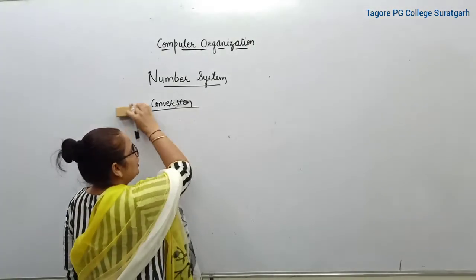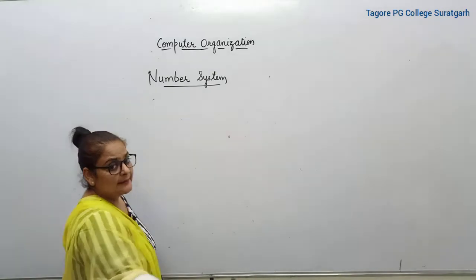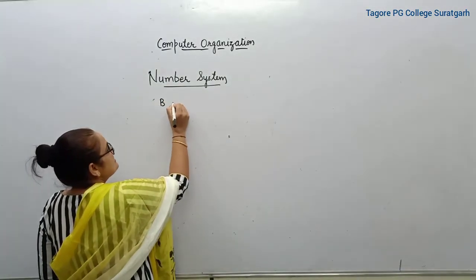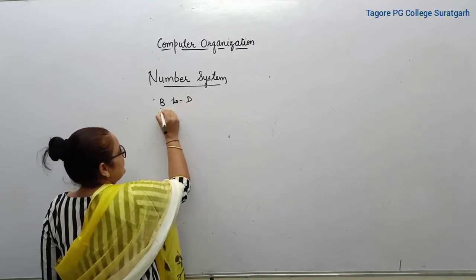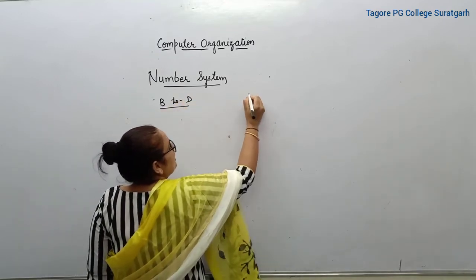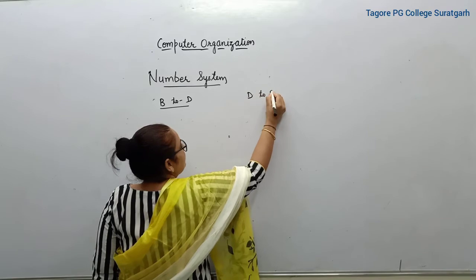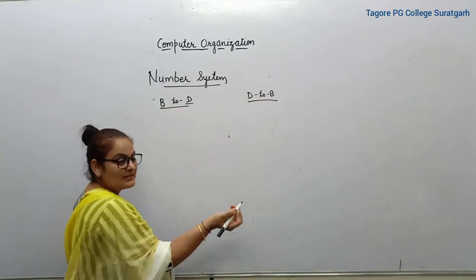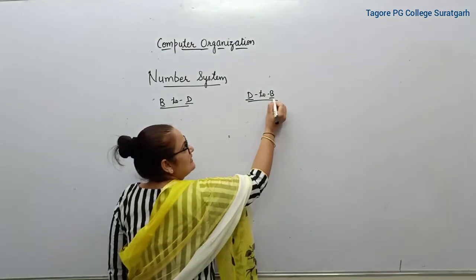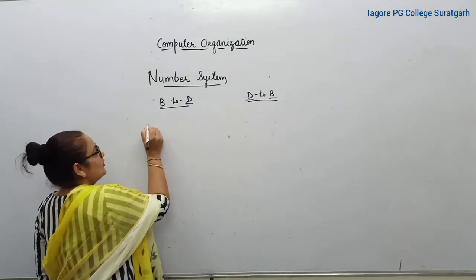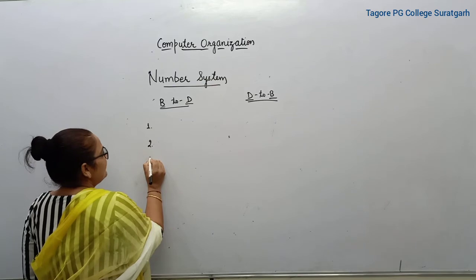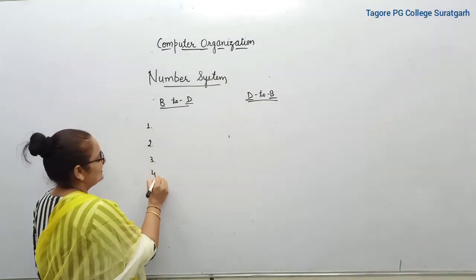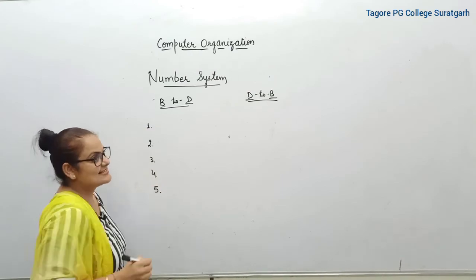First of all, there will be binary to decimal. So I write here binary to D, and here D to B. You all understood very well. B is the binary and D is the decimal. I will give you only 5 questions for each section so that you can practice.